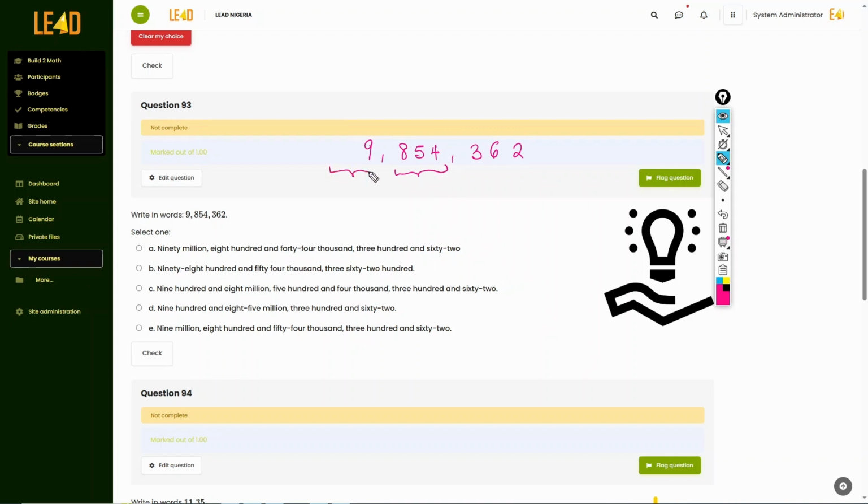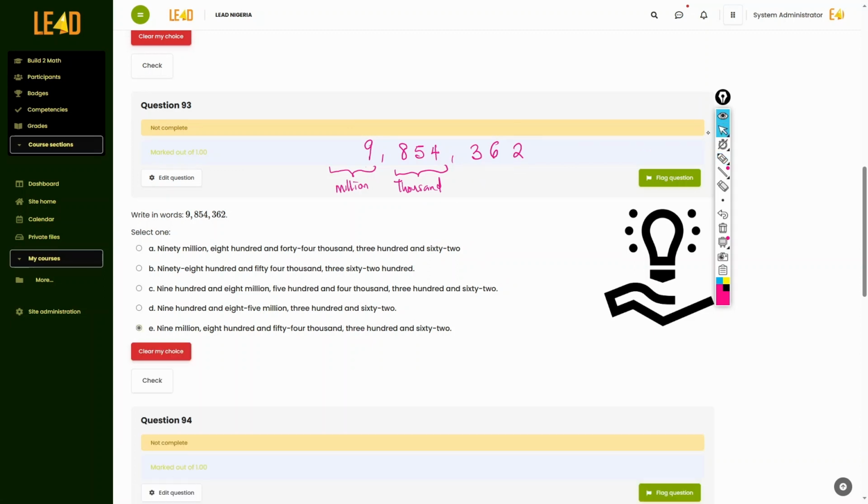And then this is our million space. So let me write million and then thousand. So it's very easy to read, right? So it's going to be 9,000,000 854,362. So the option is E.